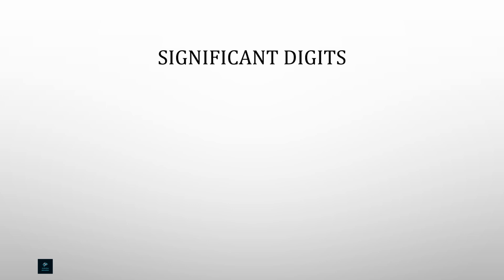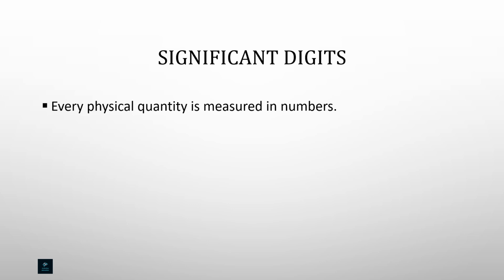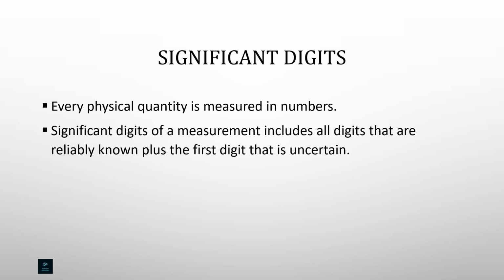Okay, what are significant digits? We know that every physical quantity is measured in numbers. Therefore, significant digits of a measurement include all digits that are reliably known plus the first digit that is uncertain.